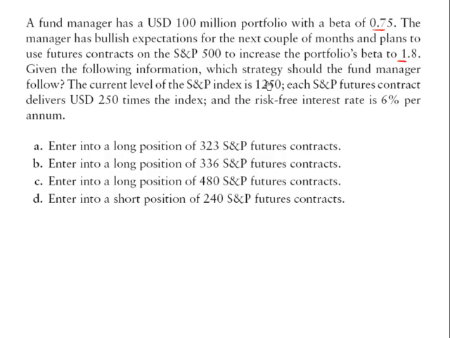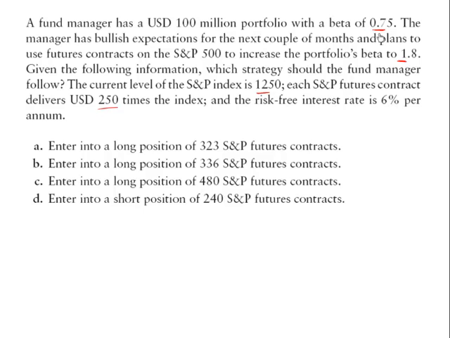Given the following information, which strategy should the fund manager follow? The current level is 1250 and each S&P futures contract delivers 250 times the index. The risk-free rate is 6% per annum.